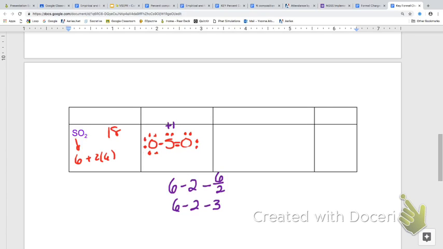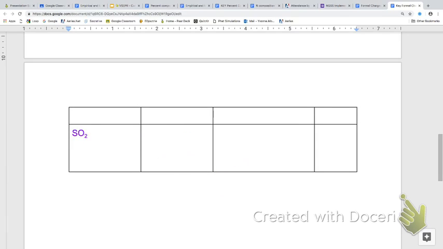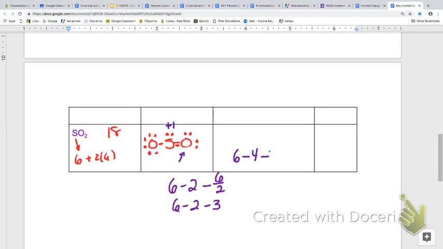Let's check this oxygen. We started here with 6 minus 4 unshared electrons.